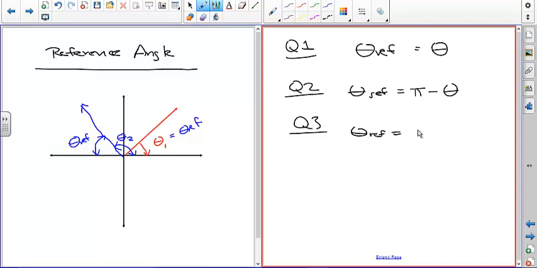That's right. Yeah, theta minus pi. So if this is in the third quadrant, then the reference angle is theta minus pi. And in the fourth quadrant, the reference angle is equal to 2 pi minus theta.